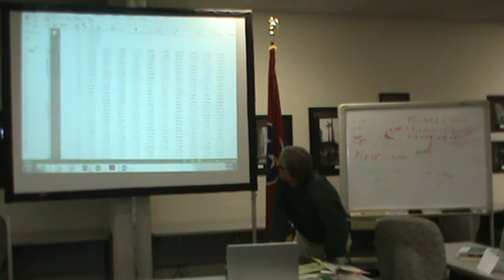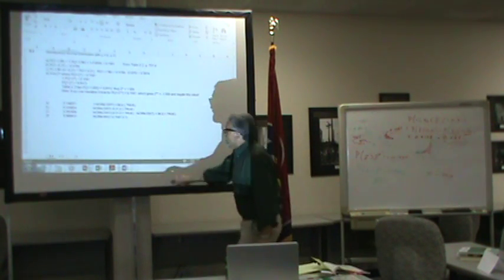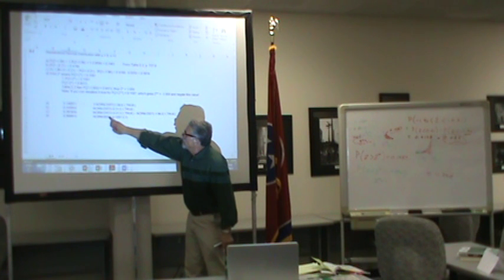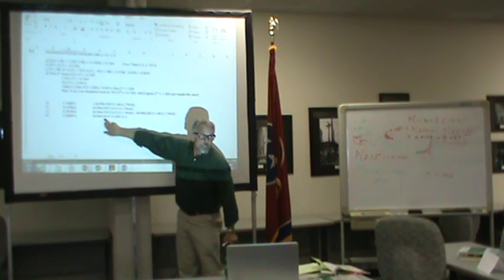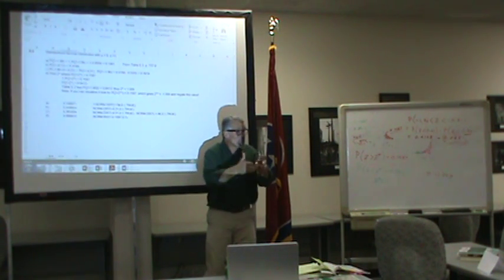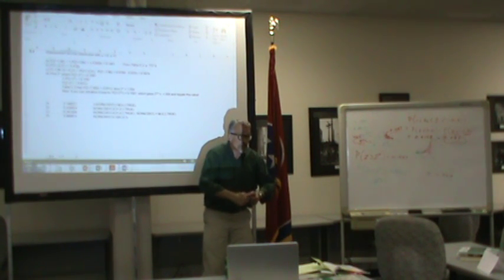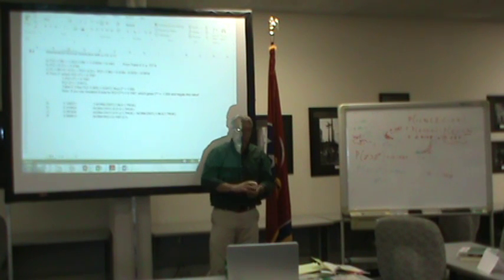Now, here it is in Excel. I put in 1 minus 0.1587. Notice that it's the inverse, because the distribution gives me the probability, and the inverse gives me the z that goes along with the probability.